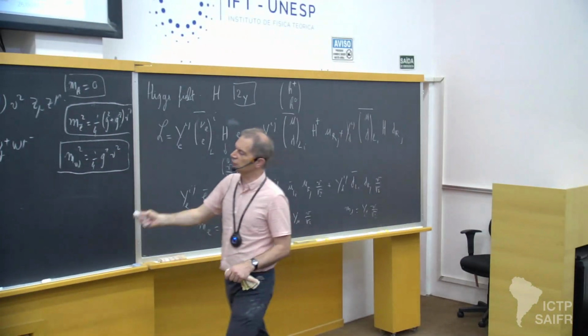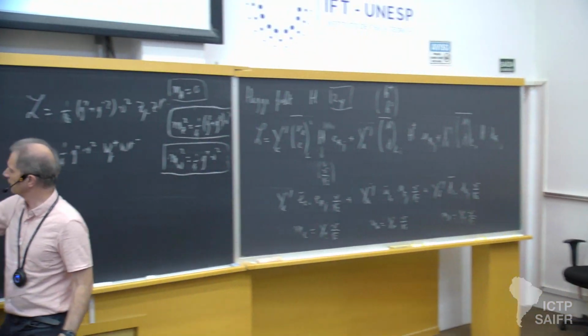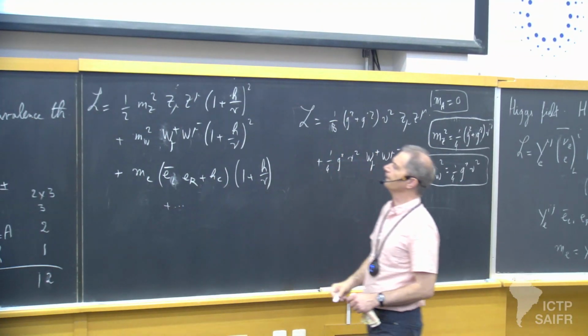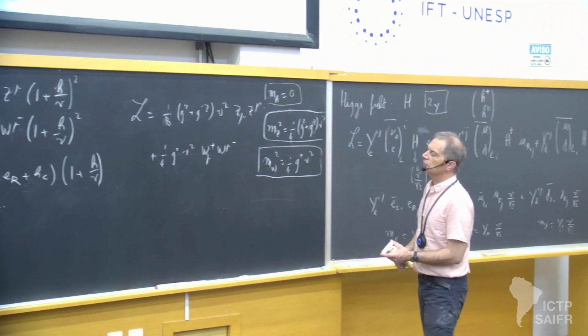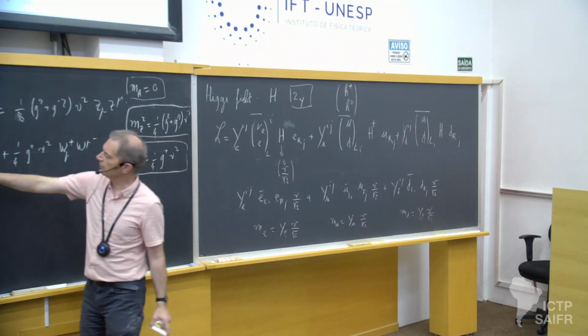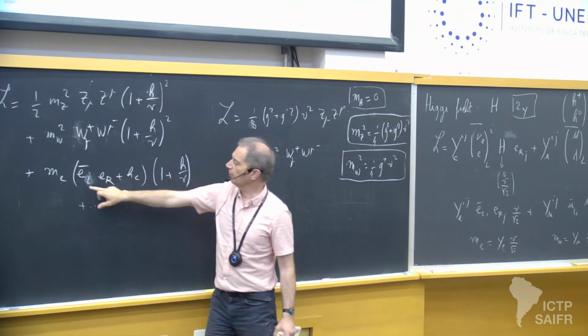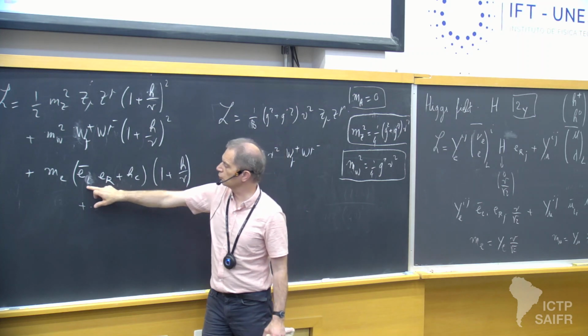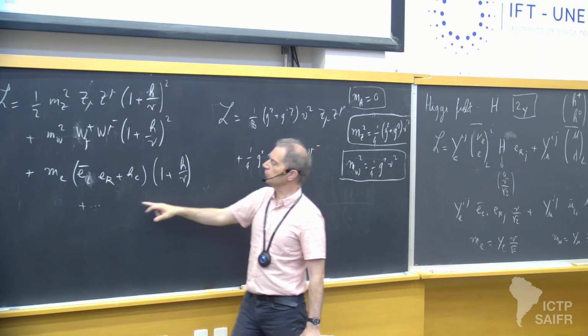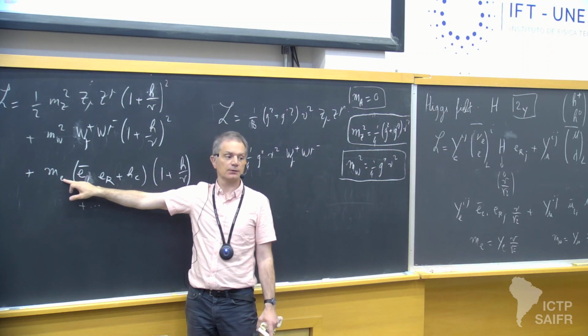And the same for the quarks. So what you notice here is that the Higgs boson will couple to the quarks and the leptons in a way which is proportional to the mass of those fermions.